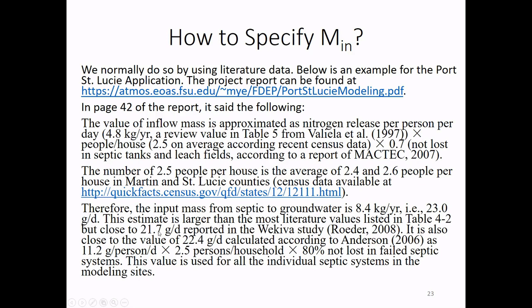Sometimes people use 21.7, like Ryder, who worked in FDOH, but it's not a big difference, right? And also, like Anderson, who is an expert working on this problem, he sometimes uses 22.4, right? This is his philosophy or his calculation. He's using 80%, while we're using 70% based on this reference, right? So this is essentially how we do it based on literature data.